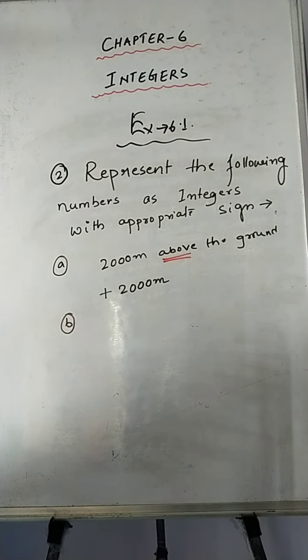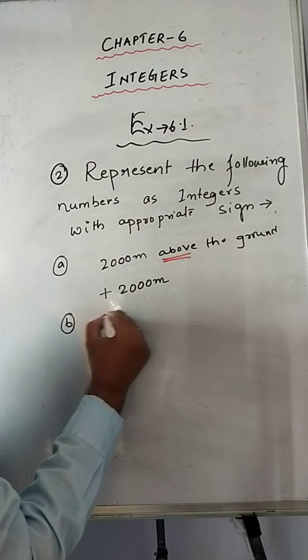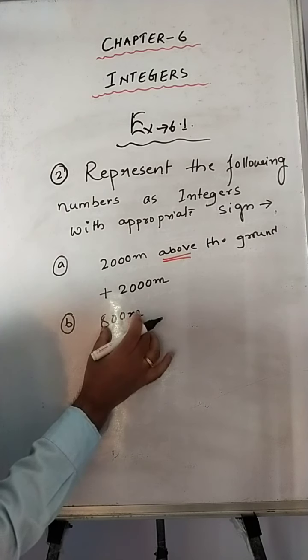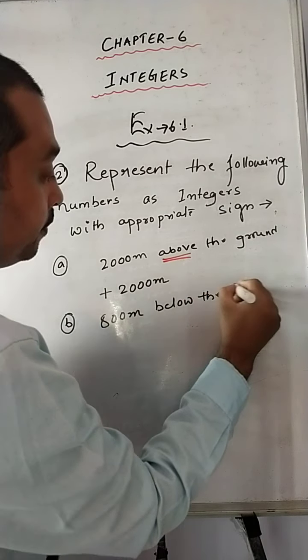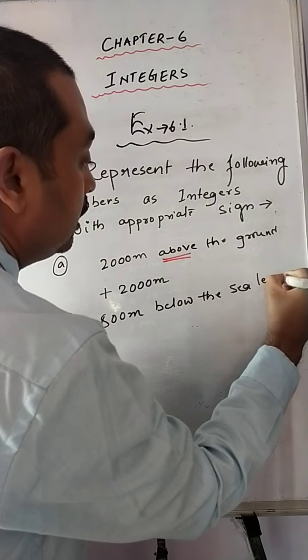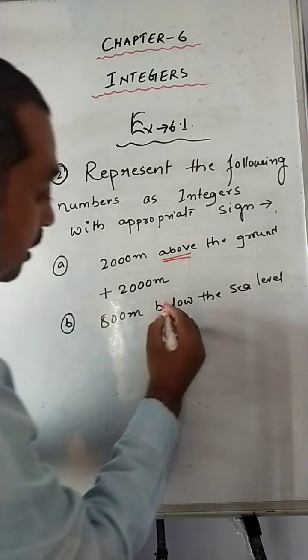Okay. So let's see what is there in sum number B. In sum number B we have, a submarine is moving at a depth 800 meter below the sea level. Now we need to concentrate on this word, below.